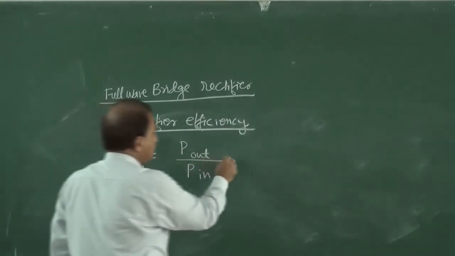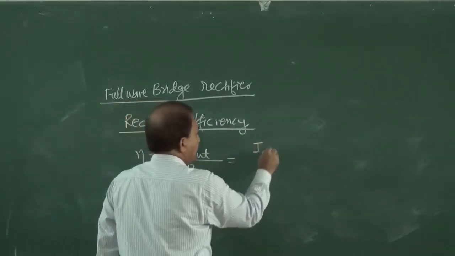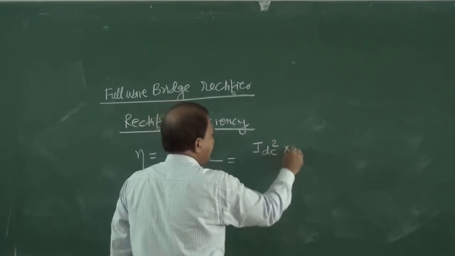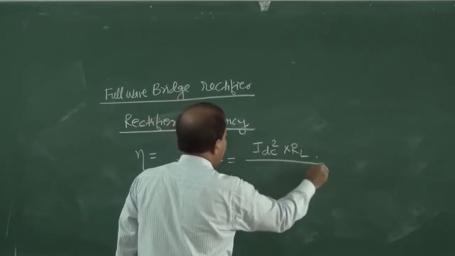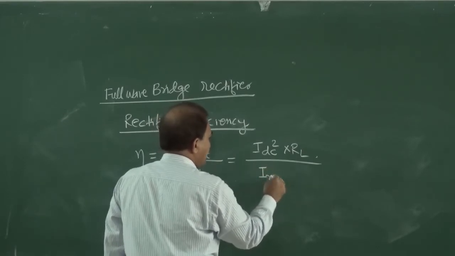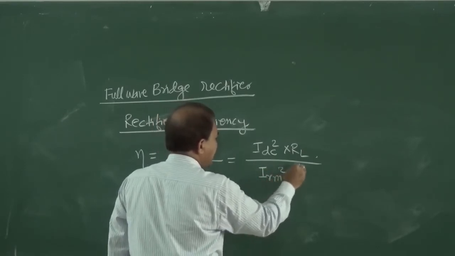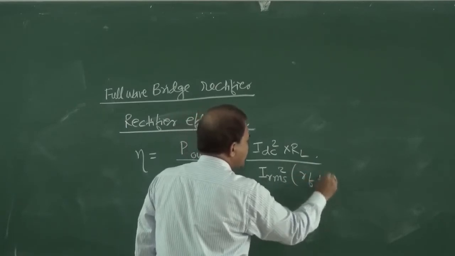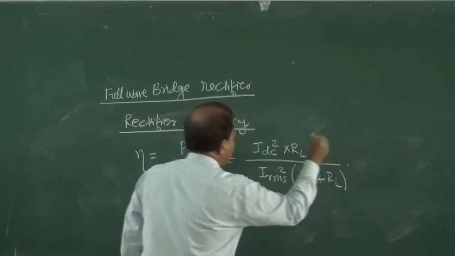Then it is equal to IDC squared into RL divided by IRMS squared into (RF plus RL).